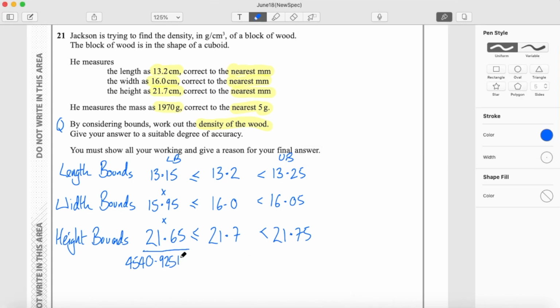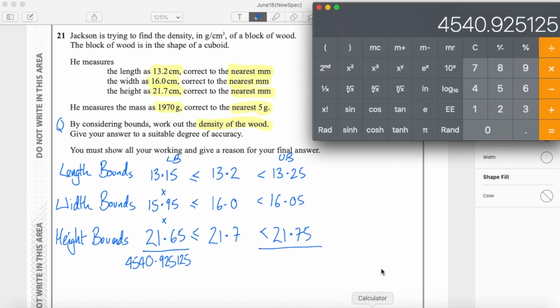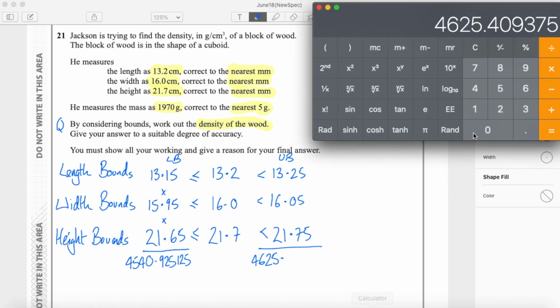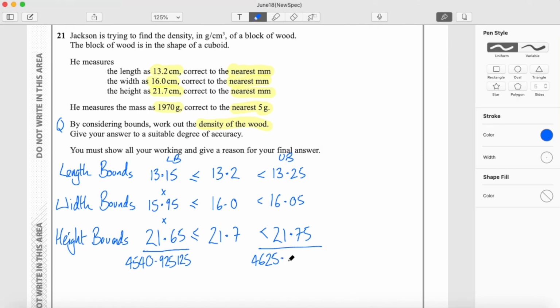So that's our lower bound. I'll do the same for the upper bound, which gives 4625.409375.